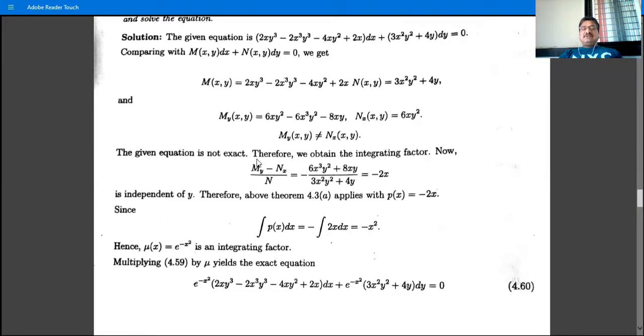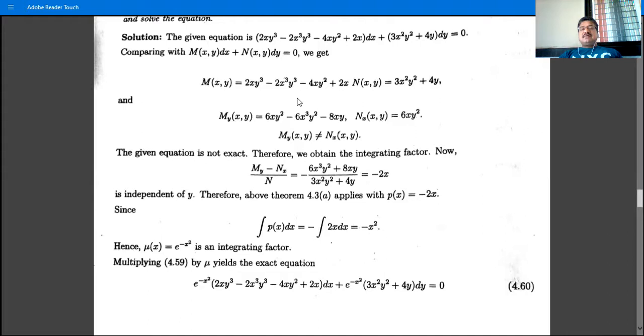So we have del M by del y minus del N by del x, divided by N. Del M by del y is this, del N by del x is this. It is not M_y, it is del M by del y minus del N by del x. Del M by del y is this: 6xy square minus this 6x cube y cube minus this minus 6x square.